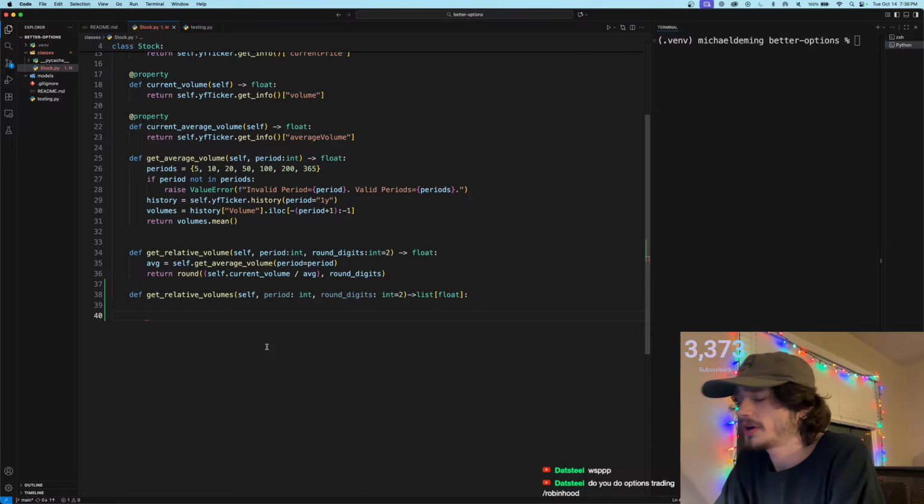And then what you're going to do is get relative volumes for every day, rotate volumes up until I locate a period up until that day currently.